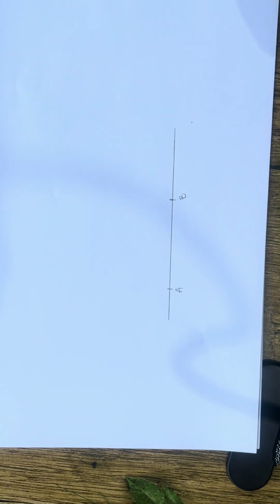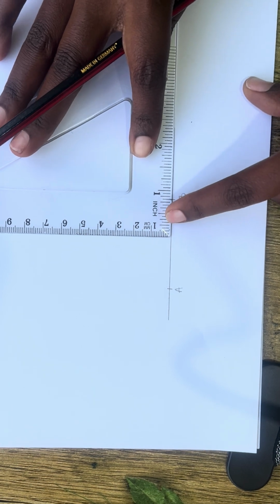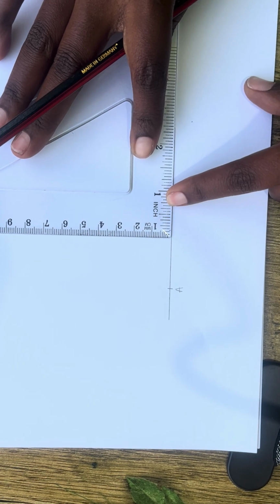So I'll draw a line perpendicular to the point B. I'll use my method of squares.